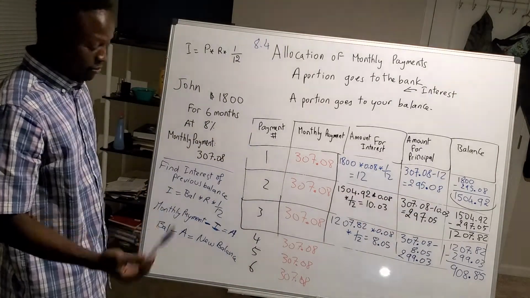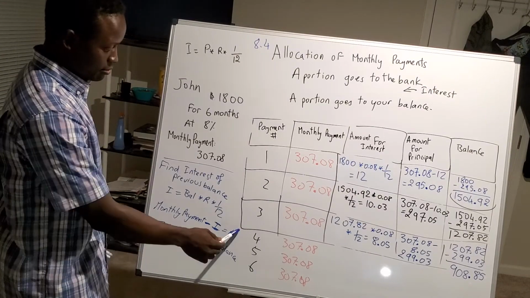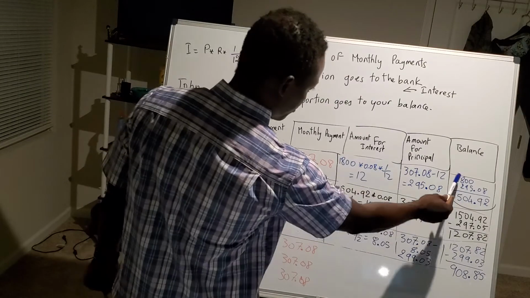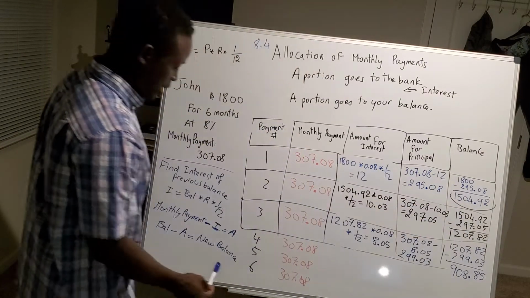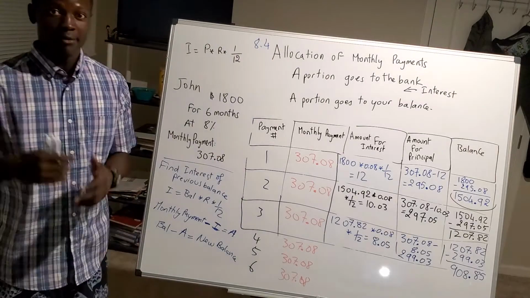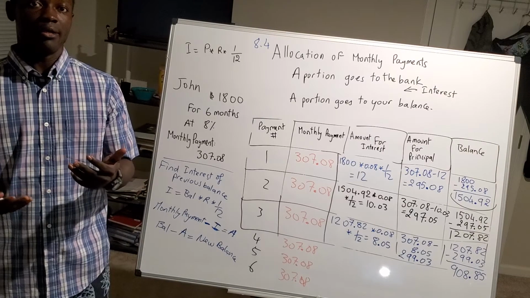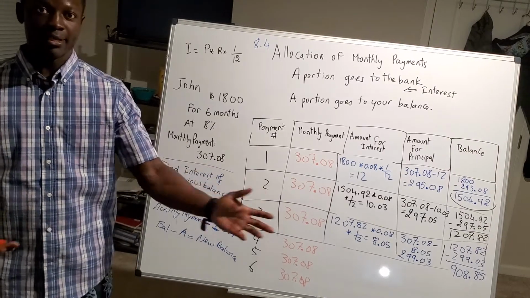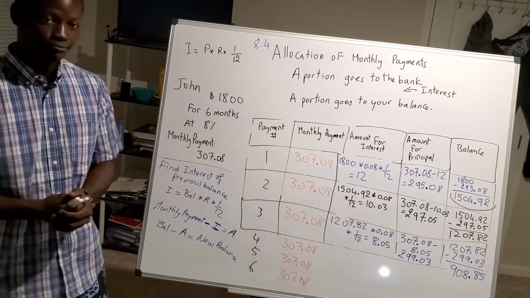And then we take the previous balance minus the amount that we found, and then we have a new balance. So for me, it's very clear. If I have a table, it's easy. If I don't have a table, all I have to remember is simple.